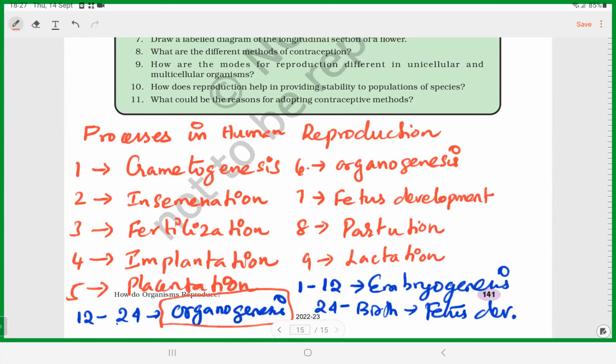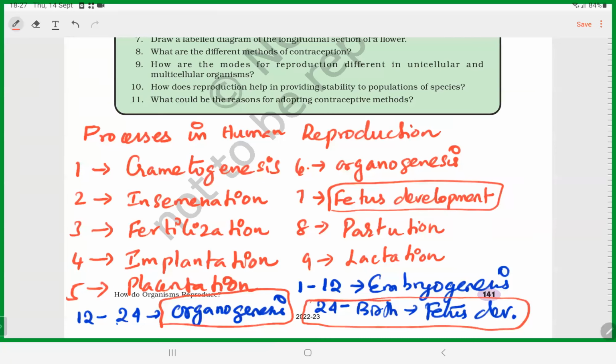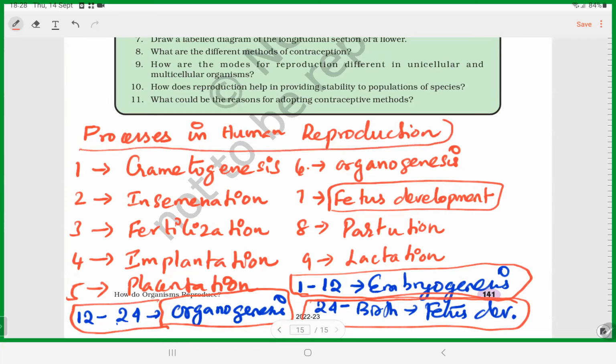And the fetus, with all the organs, should also develop in size. So that's about the three trimesters in humans. Very important: the processes in human reproduction.